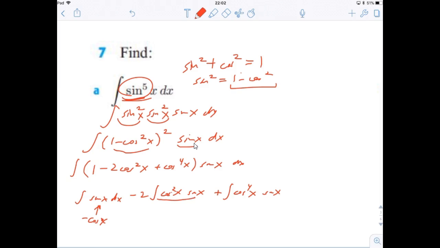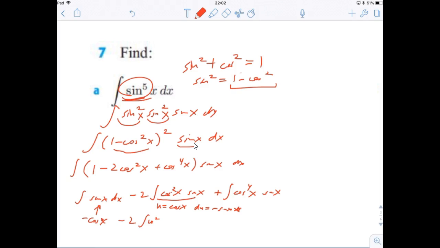This one here, I could do a u substitution. u equals cosine x, so du would be, I'm sorry, negative sine x dx, right? If I do the substitution, I would have minus 2 integral u squared.